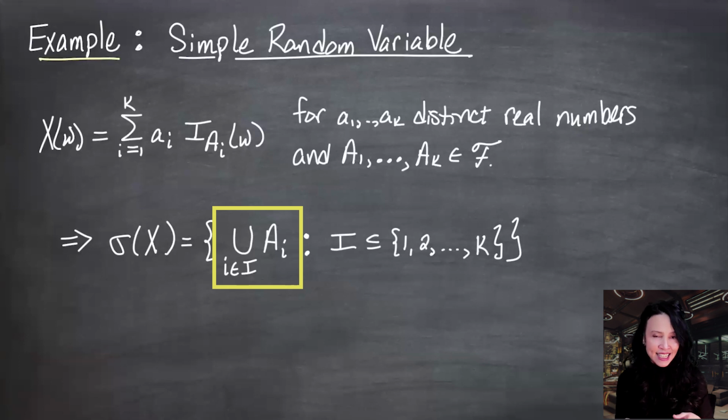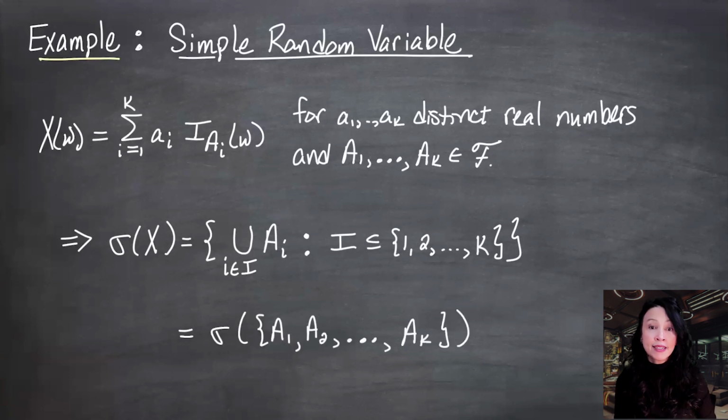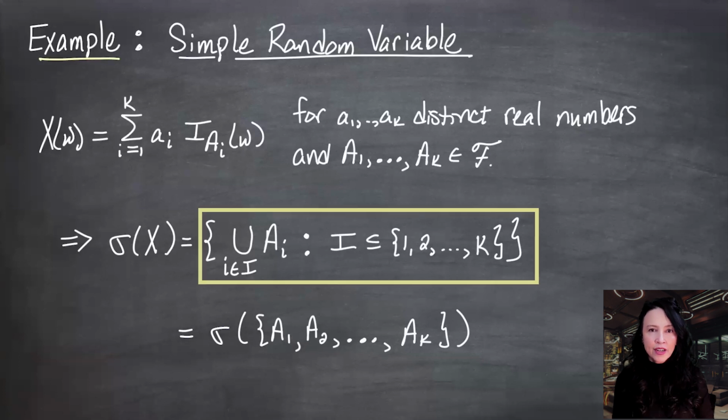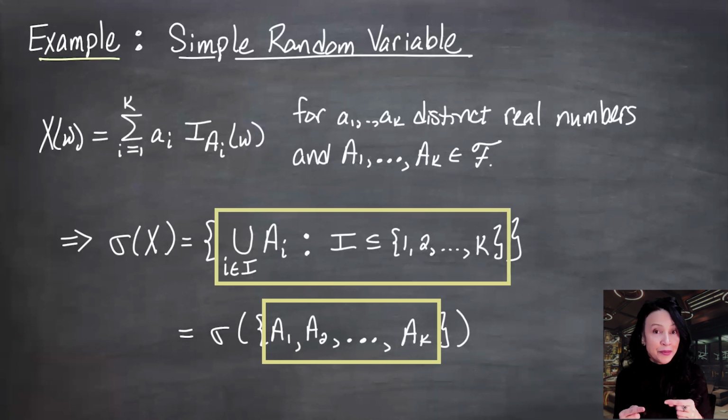And indeed, this description describes everything in the sigma field generated by this random variable, a simple random variable in this form. Now I claim this is the same as the sigma field generated by the sets capital A1 through capital AK. To show this, note that any set in here can be constructed from these sets, and any set in here is in here.